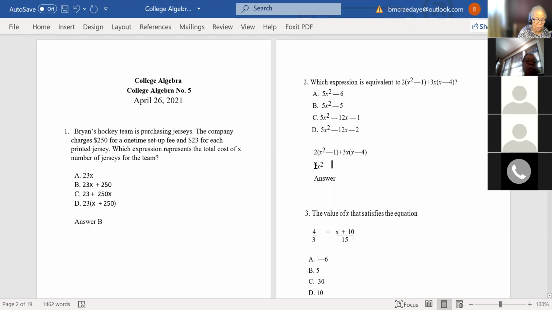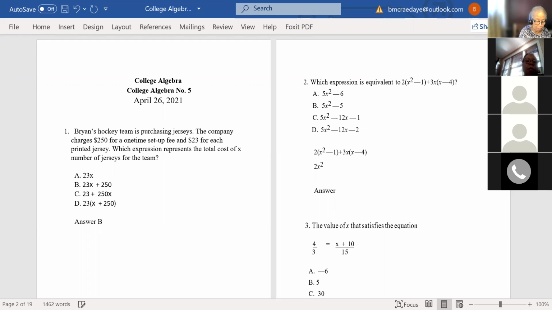Okay, let me copy this. 2x squared. Let me put that here.